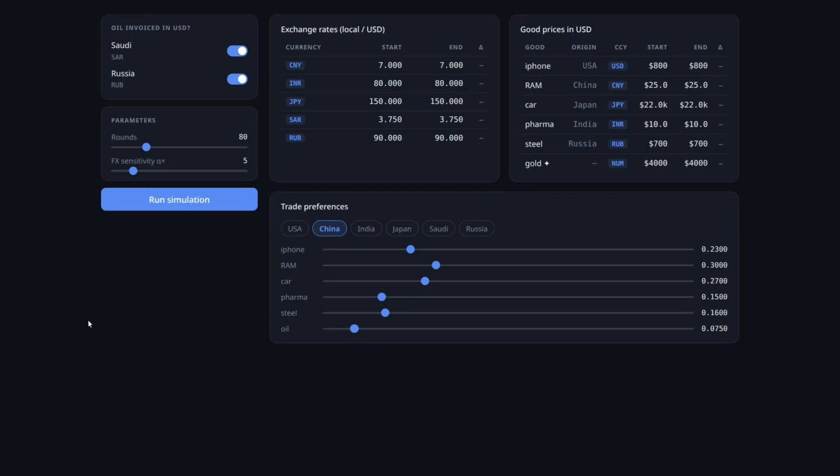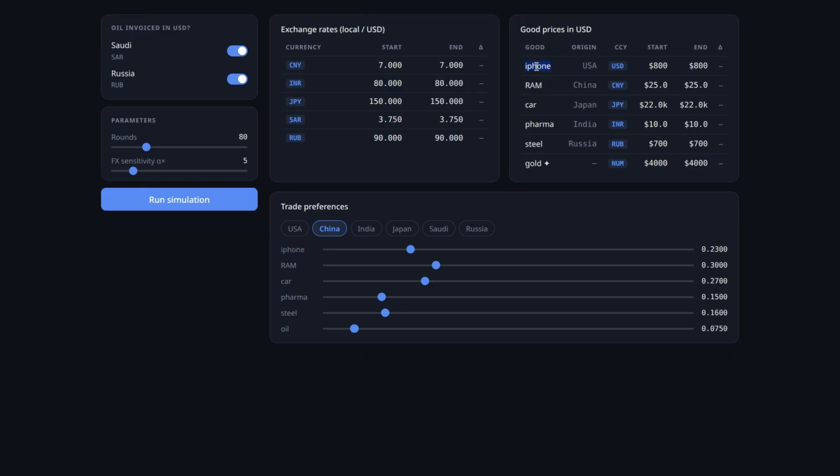In this model, we have 6 countries. Each country has their currency. These are roughly realistic, but it doesn't really matter. It's all just numbers to show what happens. And each country produces one good only. So it's an extreme simplification of an actual world economy, but it shows what happens.